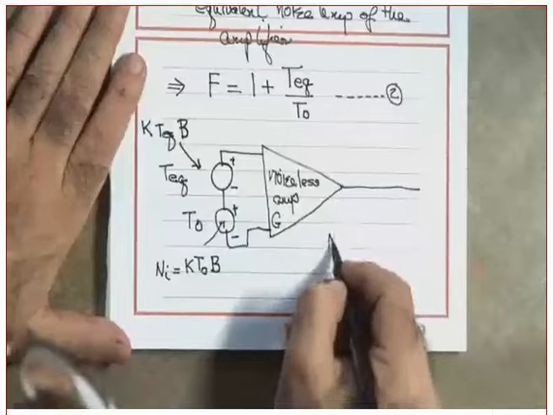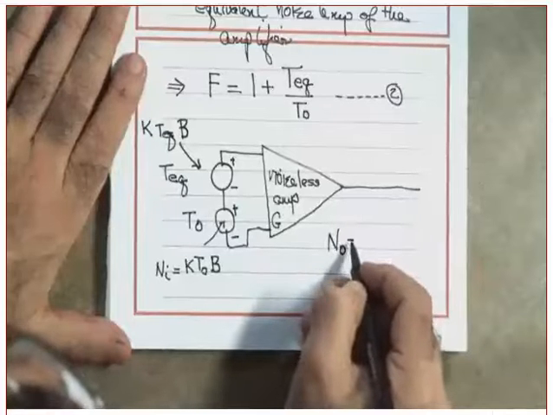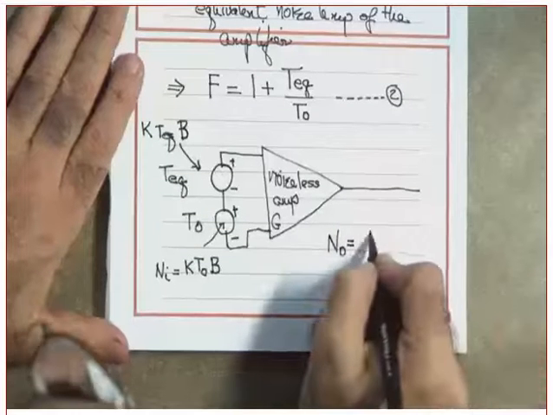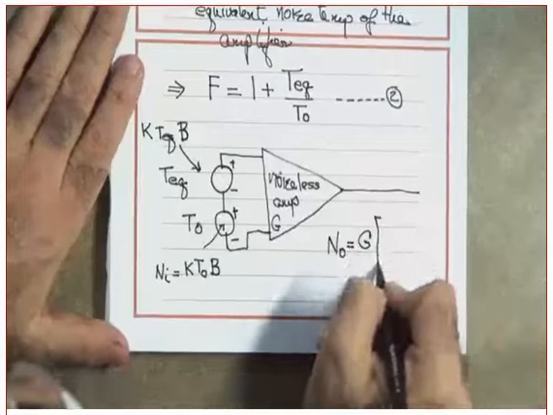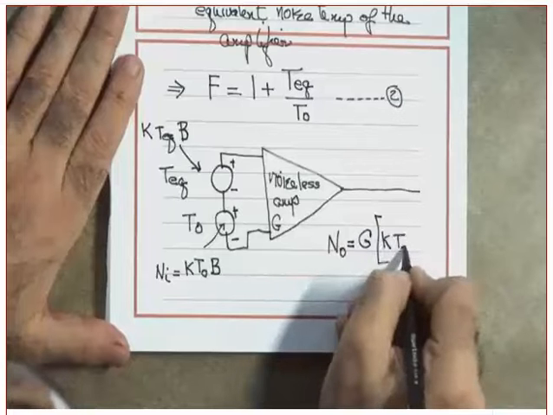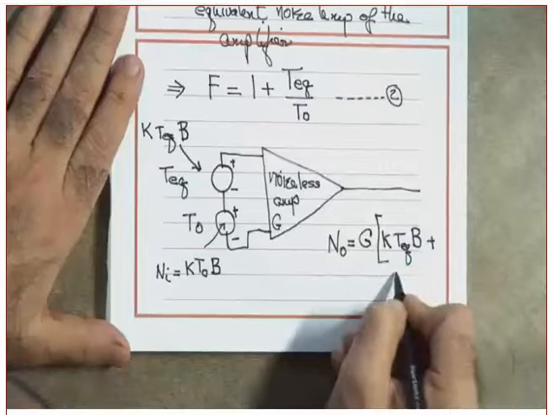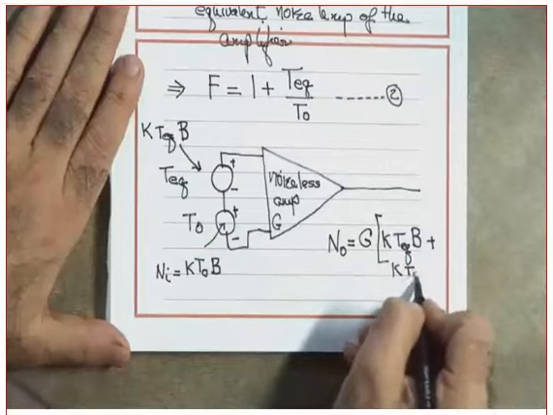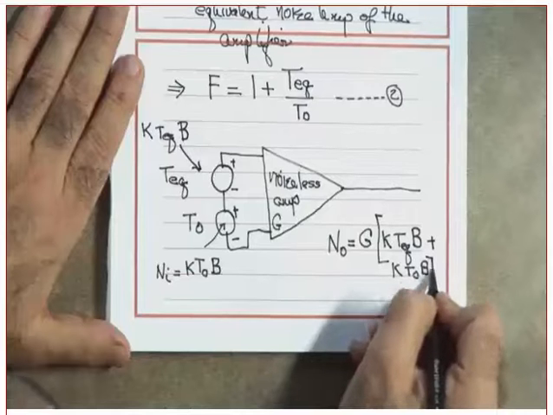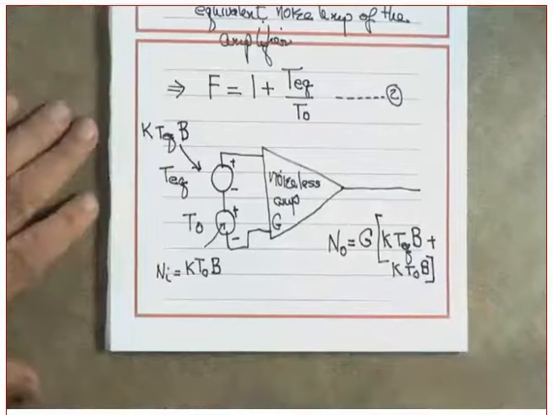What is N0 equal to? G times K T equivalent B plus K T0 B. Did you get it?